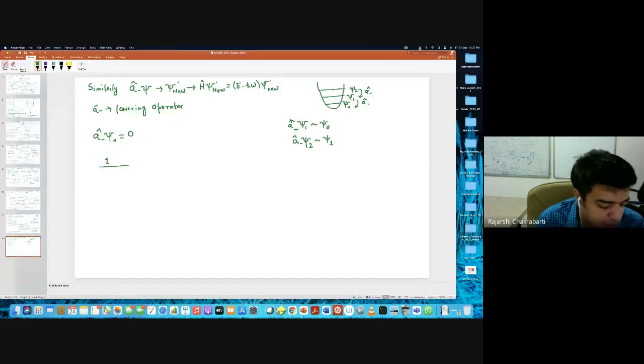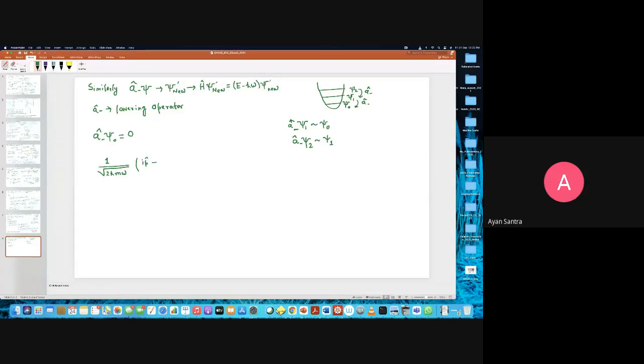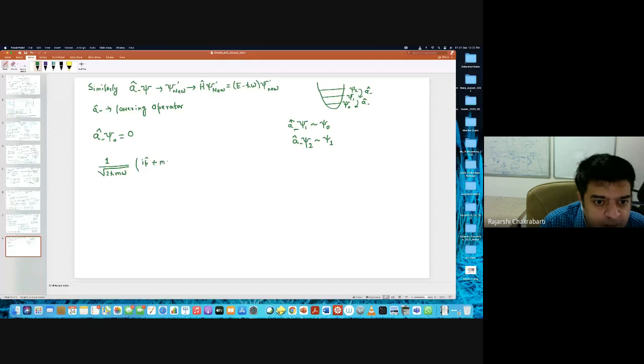You can check your class notes, of course. If you have taken the class notes, you have the prefactor. What you had here, you remember? I p plus m omega x, isn't it? This one operates on psi 0, and that gives you 0.